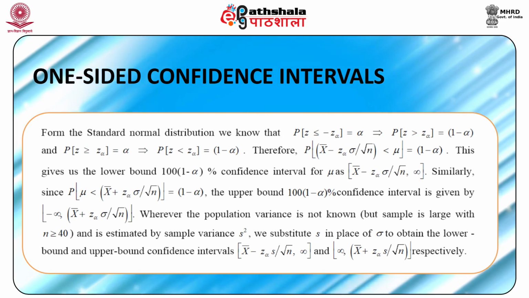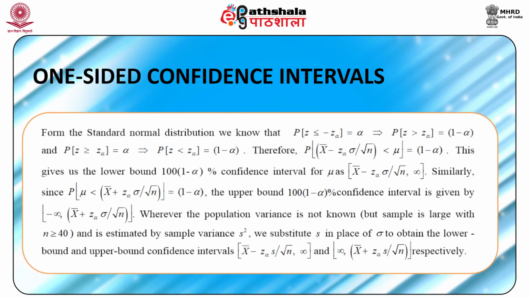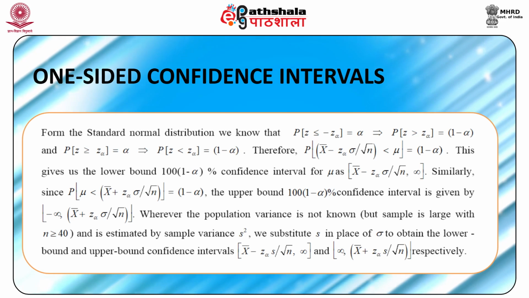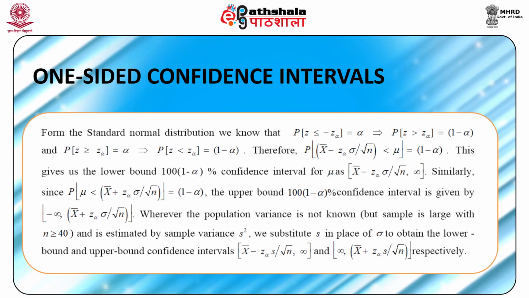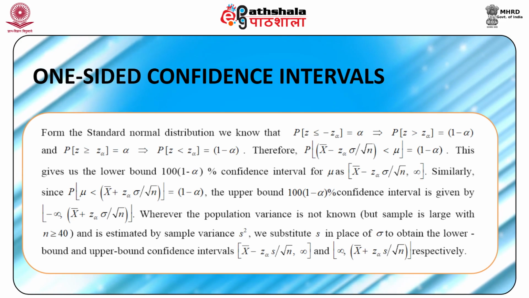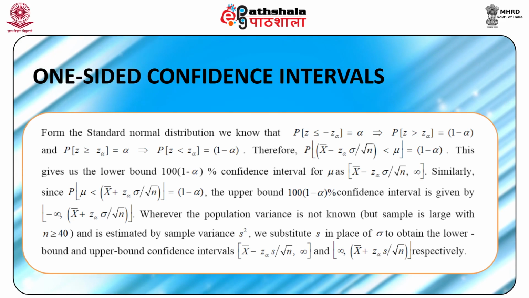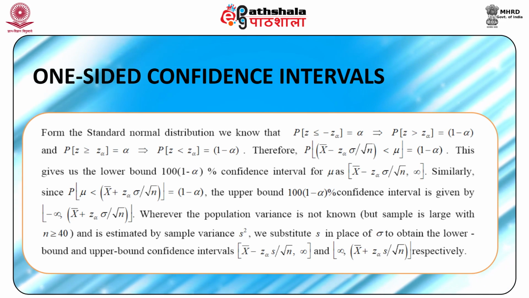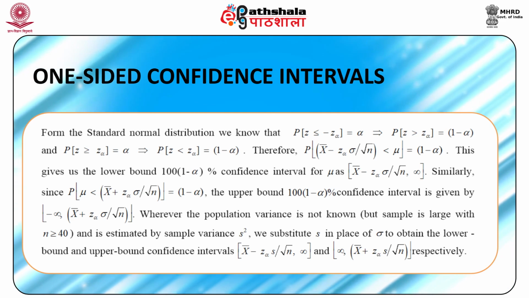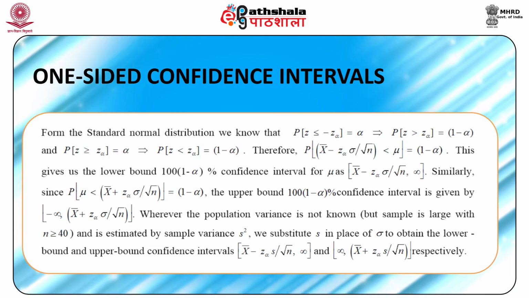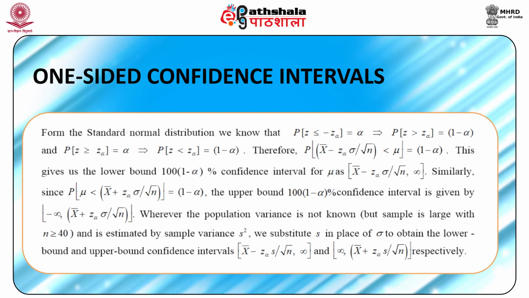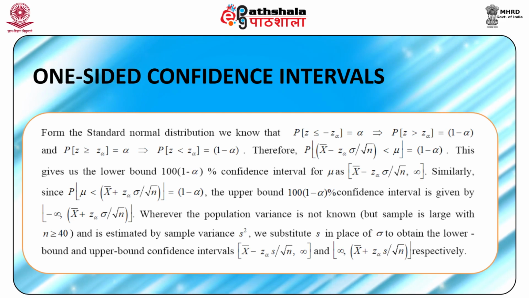Now this gives us the lower bound of the 100 into 1 minus alpha % confidence interval for mu as x bar minus Z alpha into sigma upon root n, and infinity. So infinity is the upper bound and the lower bound is given by x bar minus Z alpha into sigma upon root n. So we have the lower tail and the upper segment is open-ended.